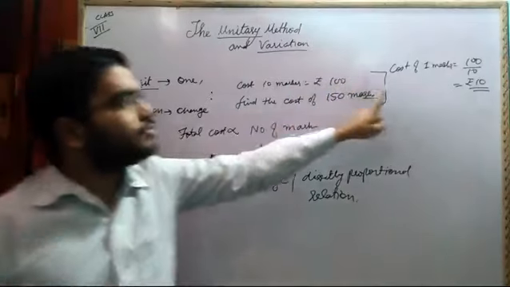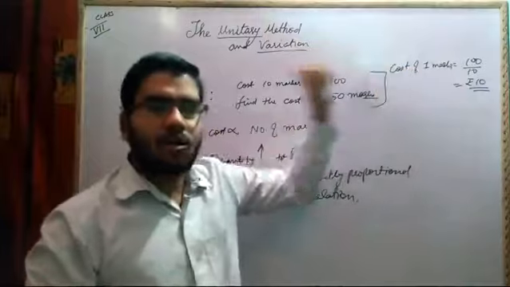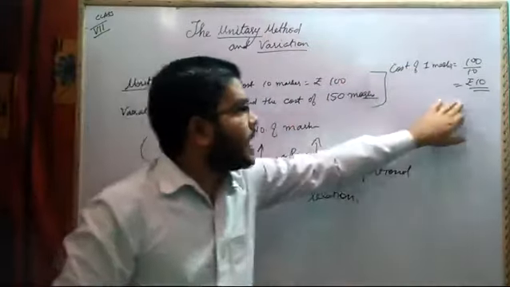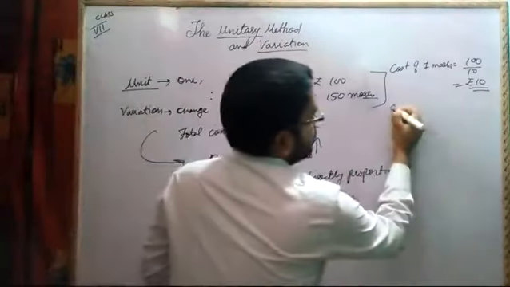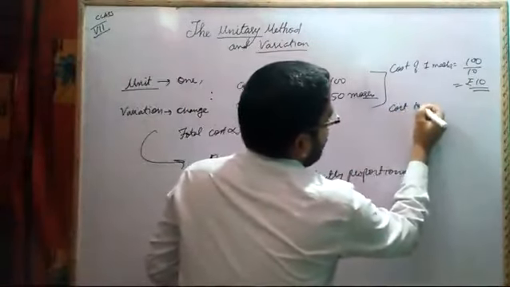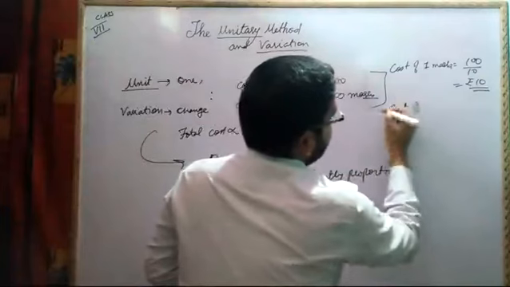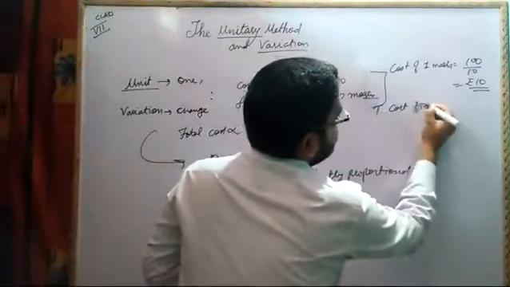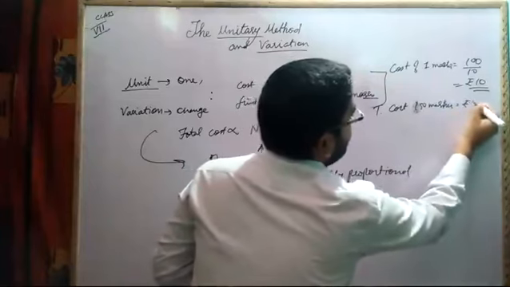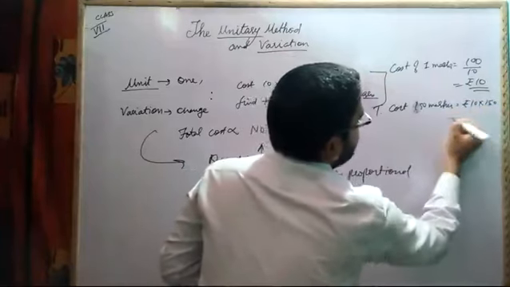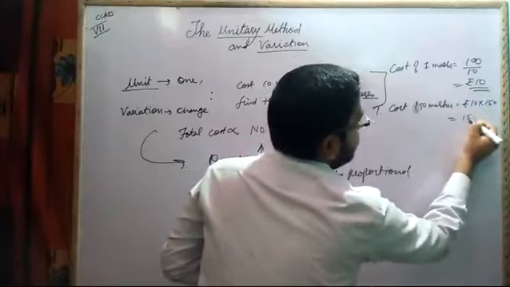Then I found out the cost of one marker. Then I will find out the total cost of 150 markers, which will be equal to rupees 10 into 150, that means 1500.